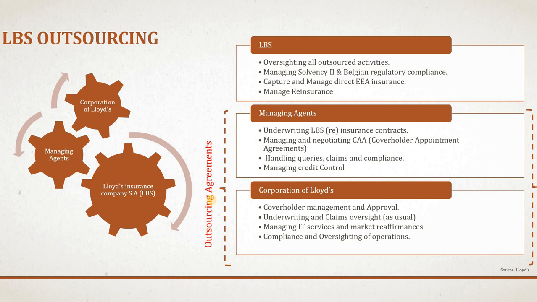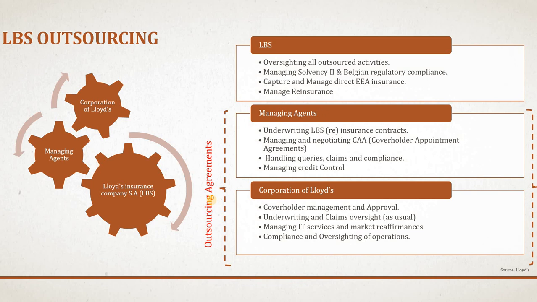From the cover holder and claim handling point of view, the managing agent will have the authorization to appoint the claim handler on behalf of the Brussels subsidiary, and can also appoint the cover holder, which can act on behalf of the Brussels subsidiary.